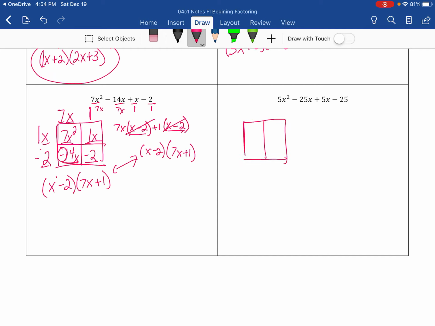The order doesn't matter. This one here, I have 5x squared, negative 25, and 5x. I find my greatest common factor for my row, which is 5 and x. I find my greatest common factor here, which is going to be negative 25.